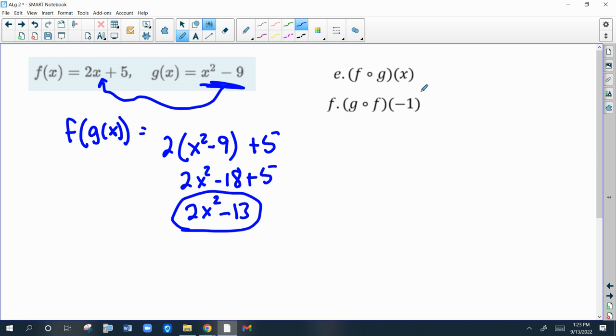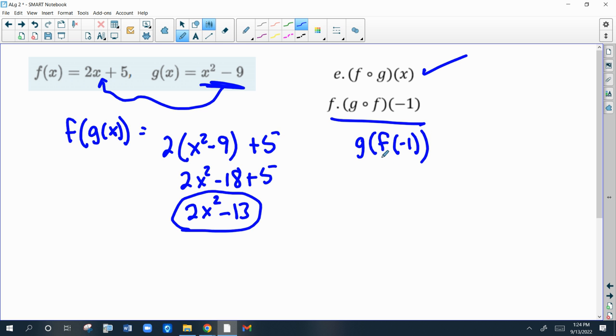So that was E. Now we need to do F. F is g of f of negative 1. So you can do g of f of x first, like we did over here, but reverse it and then plug in negative 1. But what I like to do, I think it's easier, just use the number negative 1. So I'm going to rewrite this as g of f of negative 1.